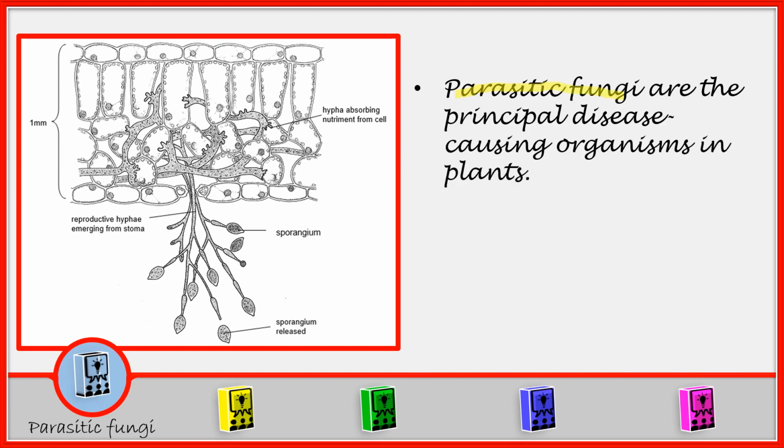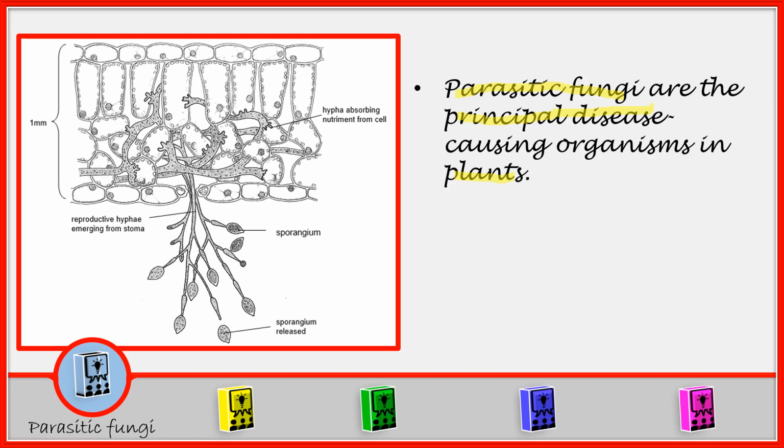Parasitic fungi are the principal disease-causing organisms in plants. For example, we have Phytophthora infestans, which affects tomatoes and many others.